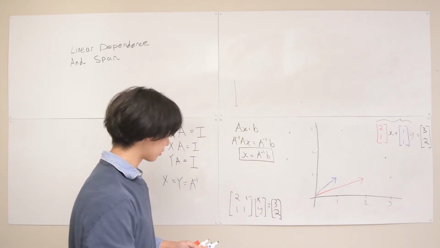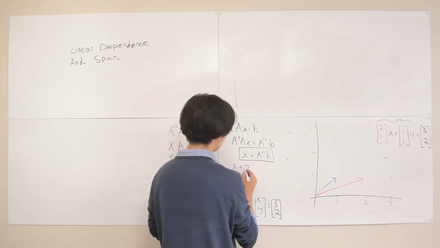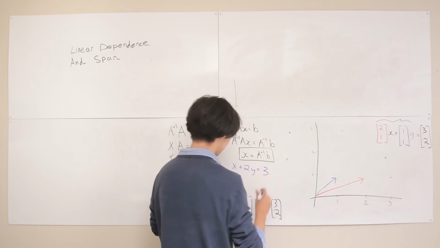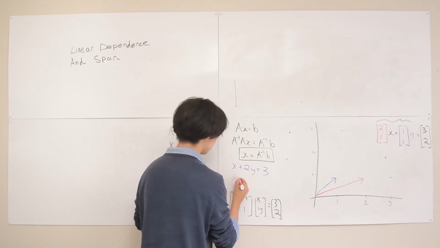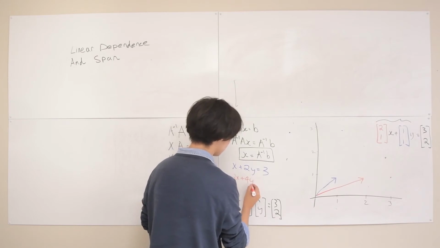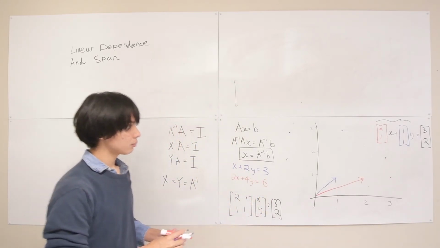Okay, so let's use our colors again. So let's say we have x plus 2y equals 3, and then we have another equation which says 2x plus 4y equals 6. So that's our new system of equations. So now let's plot these out again.